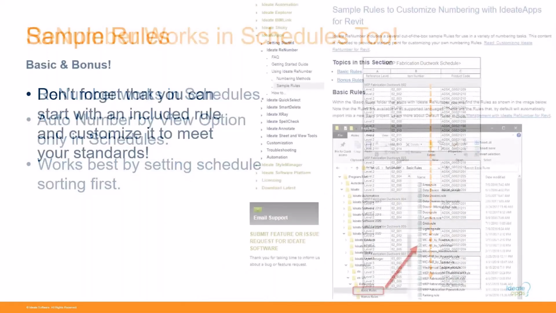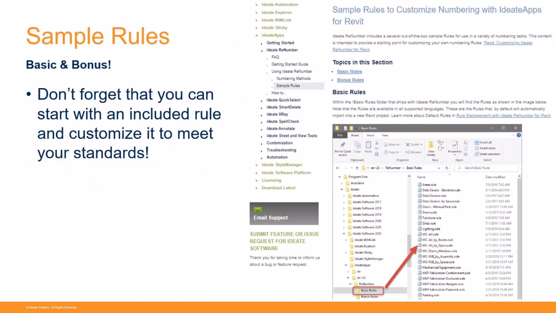The rules themselves, as I mentioned, are available. If you go to the help menu within our website, you can see that we have access to the sample rules, and you can see all the different rules for the basic rules and the bonus rules. For the bonus rules, we've segregated those that may be a little more detailed, or something you might not use that often.